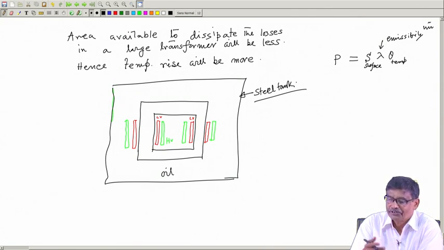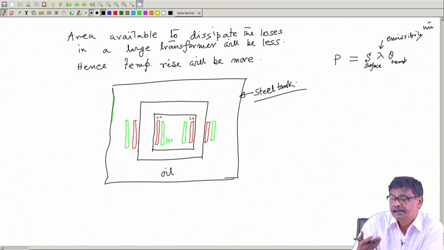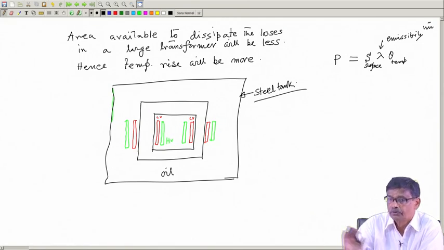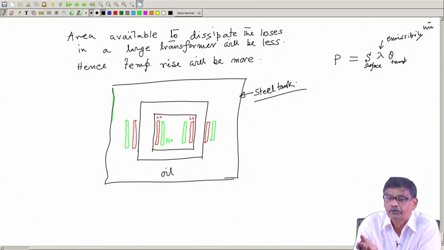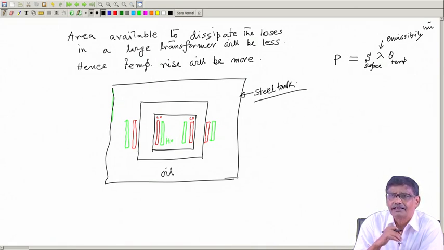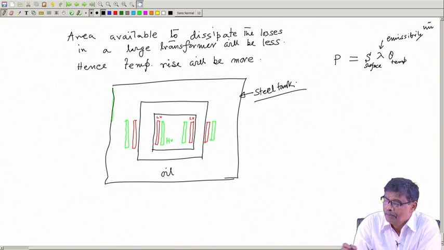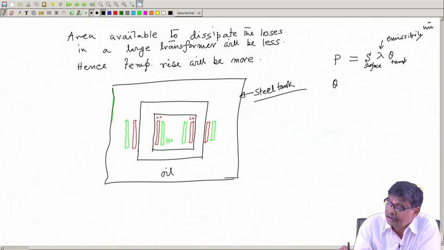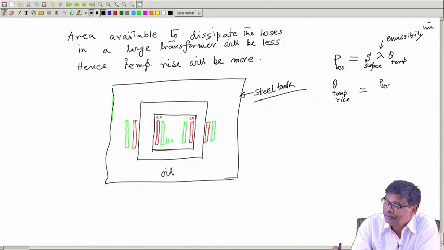When these two are constant, then only final temperature will be attained. If loss is taking place at a much faster rate than the rate at which it is being dissipated out to the atmosphere, temperature will go on rising. Like an RL circuit, it can be shown, but we will not go to that extent. What I am telling, theta temperature rise becomes equal to total loss P loss by S surface into lambda.